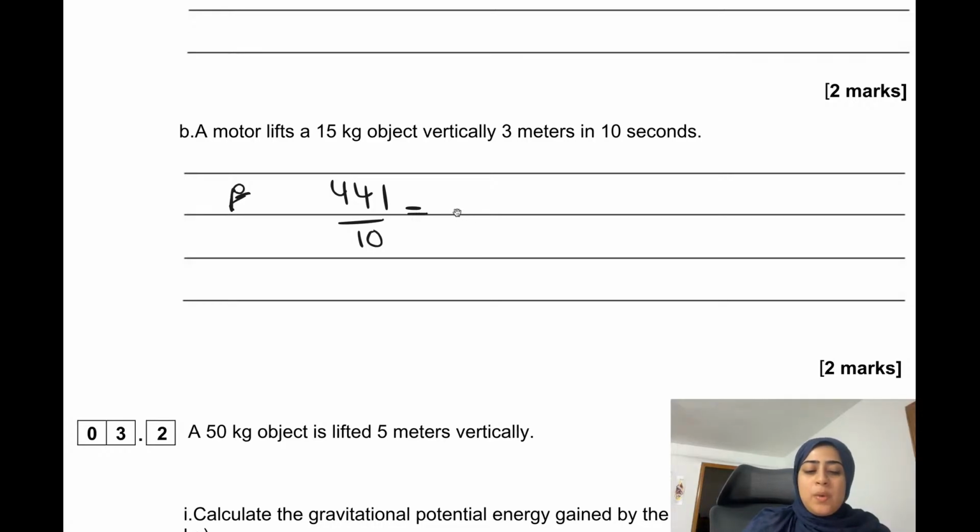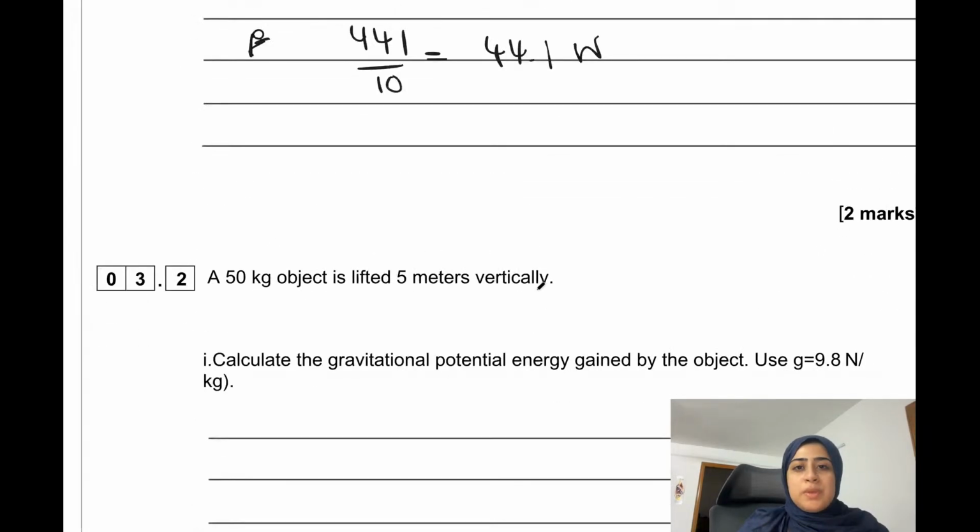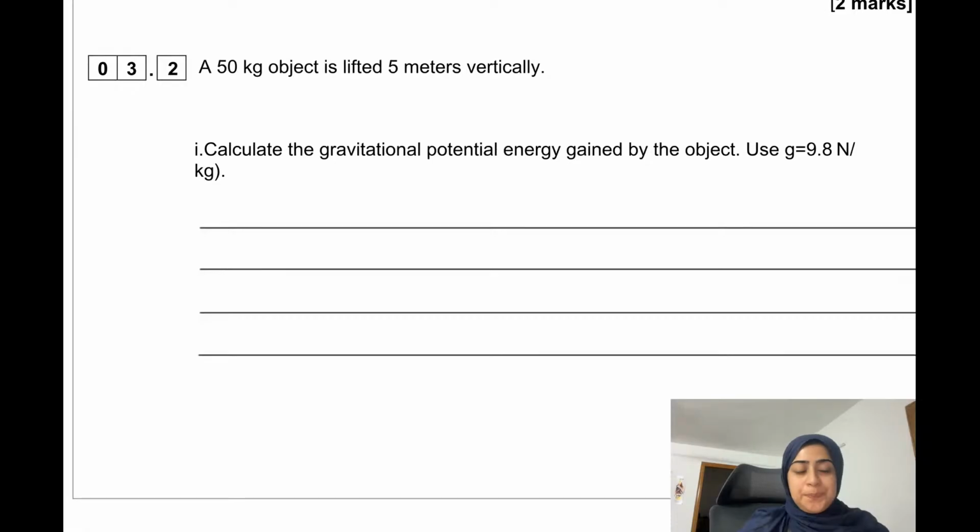And then the power is the rate of work done. So we would divide the work done by the time taken in this question. So it's just going to be 44.1. And the units are really important as well. So that would be 44.1 watts.